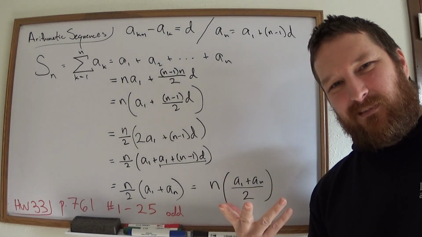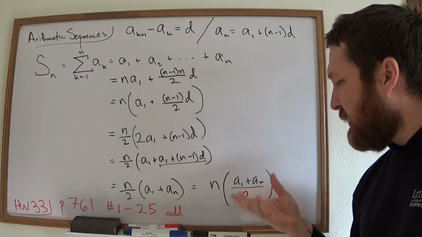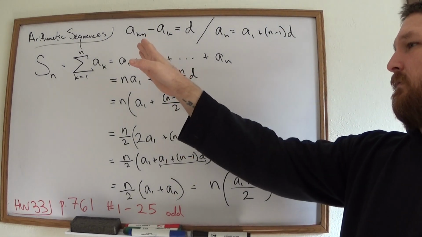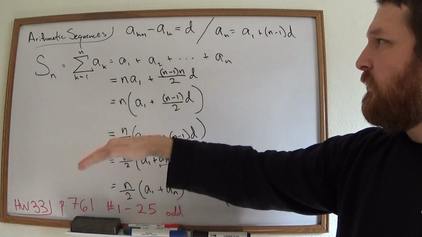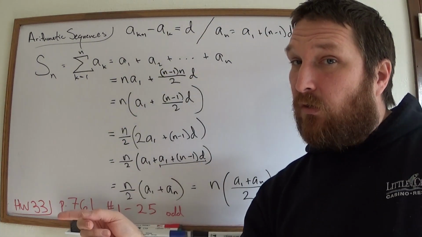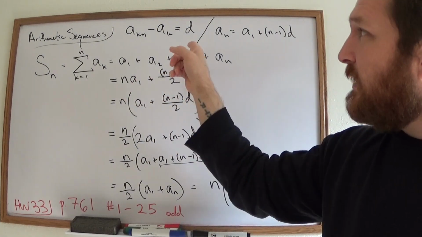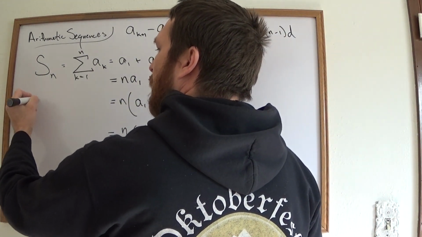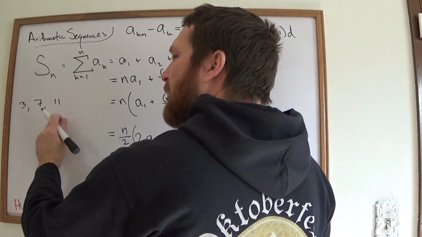It's kind of interesting. This says if you take the average, so given an arithmetic sequence, that's a sequence that either increases or decreases, right? The one that we did at first was, we had a 3 and then it went up by 4 each time, right? It could have gone down.